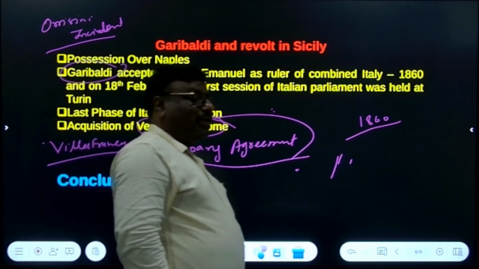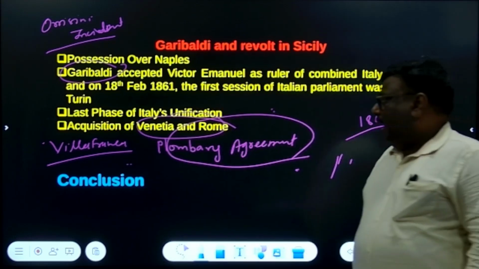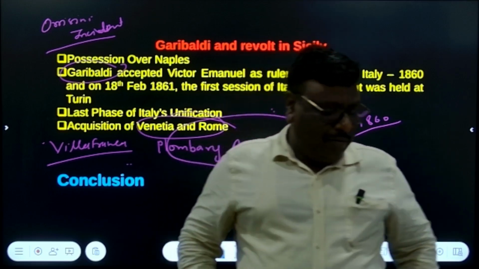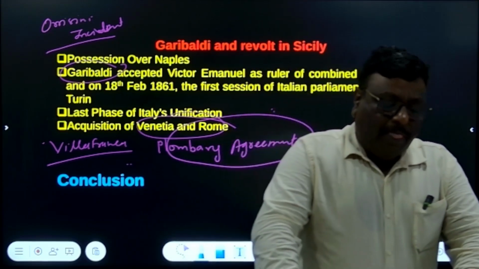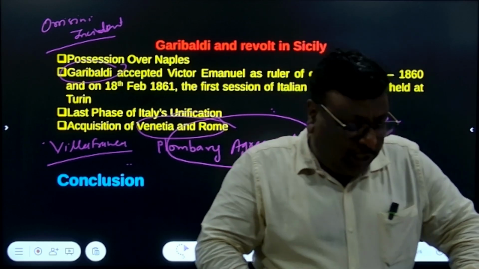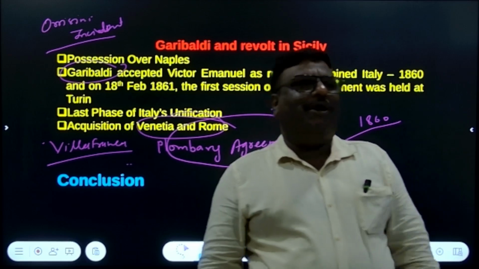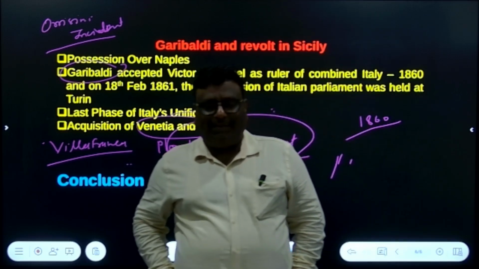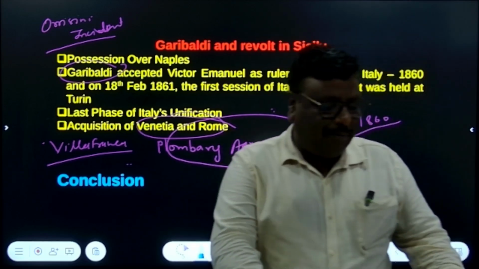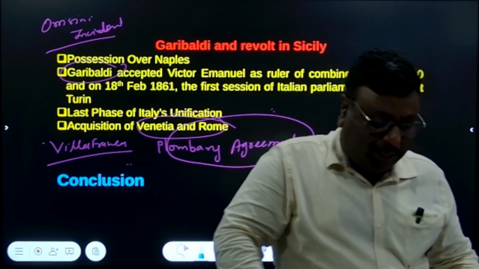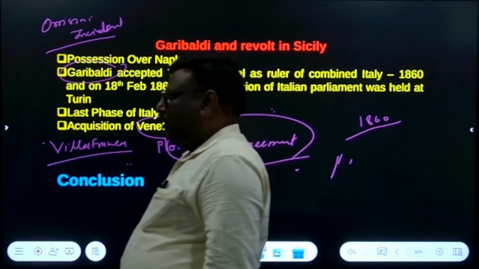Rome was controlled by the French army, with the Pope backed up by the French army, and Venetia was under the direct control of France. Italy got an opportunity to acquire Venetia when, if you watch the video on the unification of Germany, Bismarck of Prussia was preparing for war against Austria and required Italy's support.